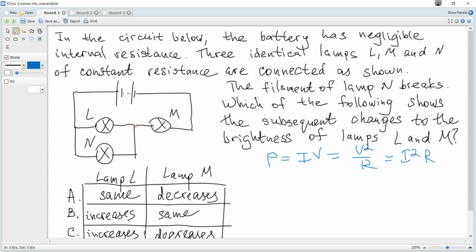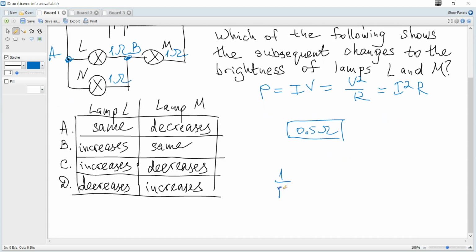Let resistance of every lamp be 1 ohm. Initially, when N works, total resistance across A and B is 0.5 ohms. How to get this? For parallel, we use the next formula: 1 over R total is 1 over R1 plus 1 over R2.